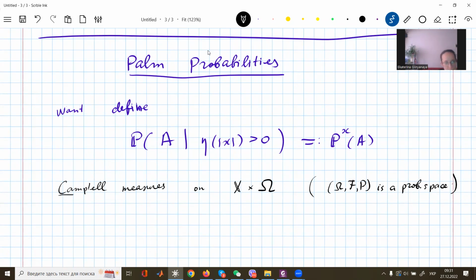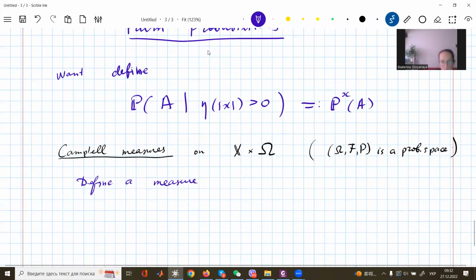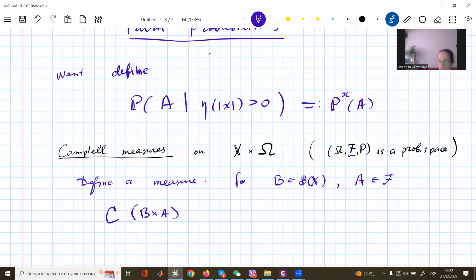Define a measure on a product: for a set B, from the Borel subsets of X, and A from the sigma field, I will define a measure C on this rectangle B times A. This will be just the expectation of the number of points in subset B times the indicator of this random event.